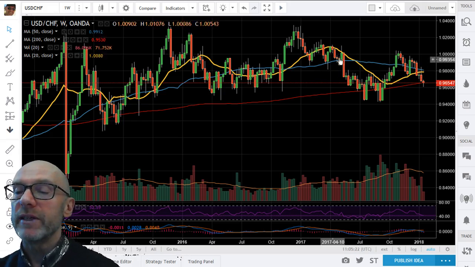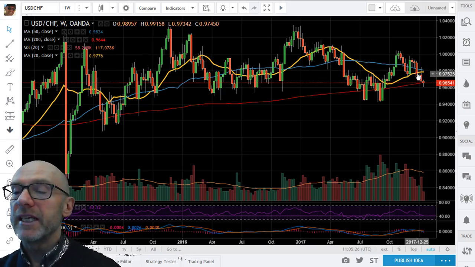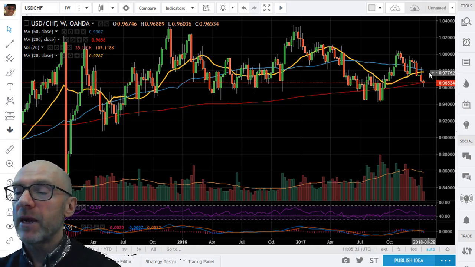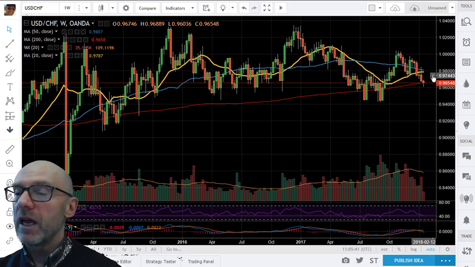The 50-week is now moving down, having been going up for a couple of years, and the yellow line, the 20-week, is starting to roll. We could in about 3 to 4 weeks see that those moving averages are very close together and are moving down. That could give a big downside push to the dollar.